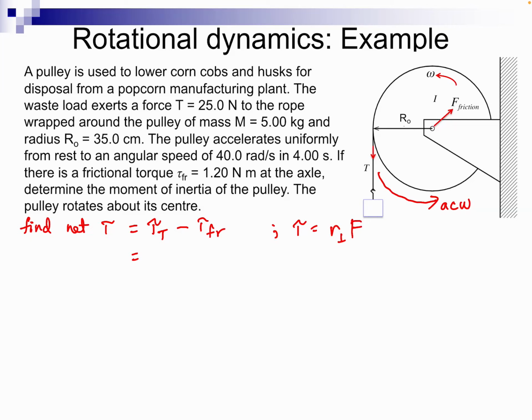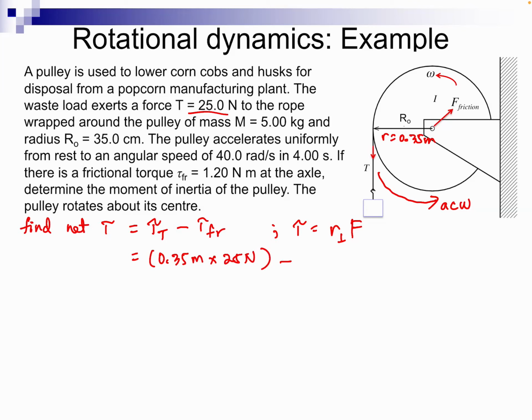The moment arm for the tension is 0.35 meters, times the tension force, which is given as 25 newtons, minus the frictional torque.